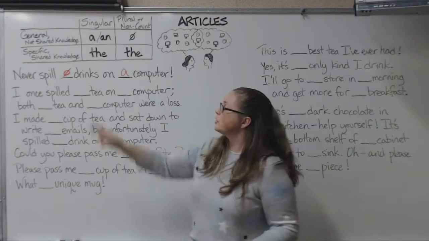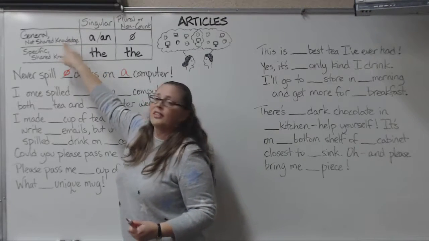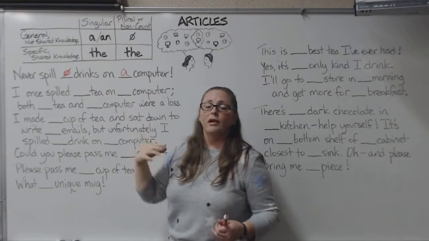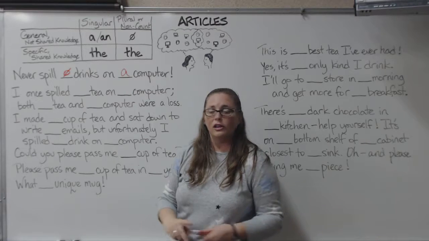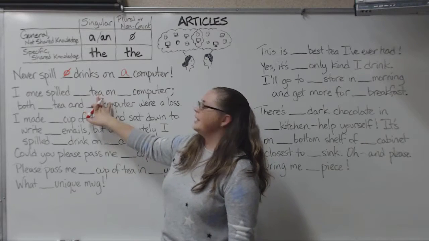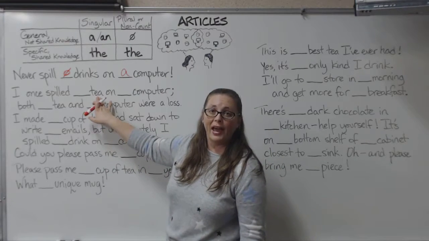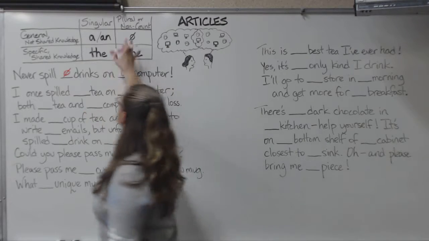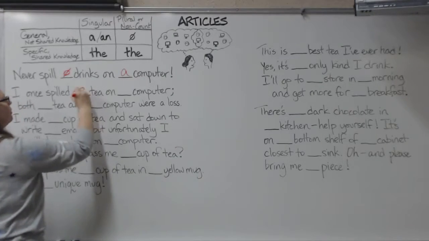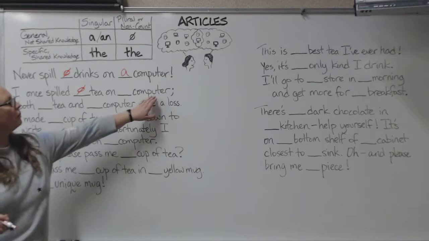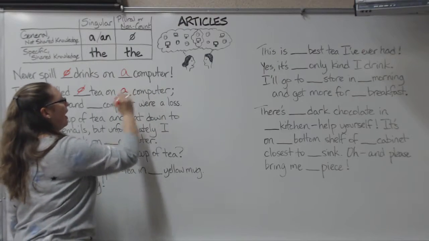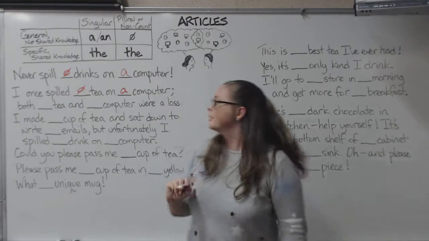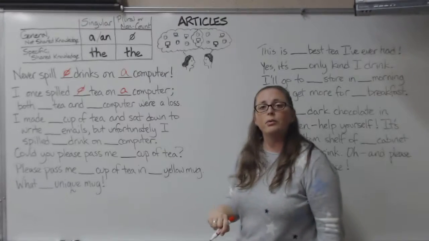I need to use this idea that the information, the identity is not yet shared knowledge. Tea is a non-count noun. That means no article. Computer is a count noun, so again, a. I once spilled tea on a computer.